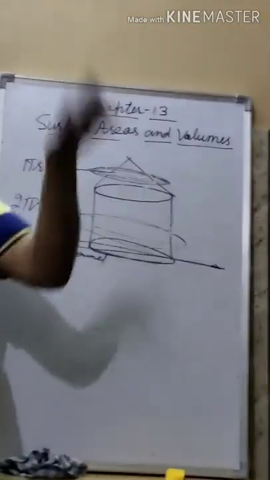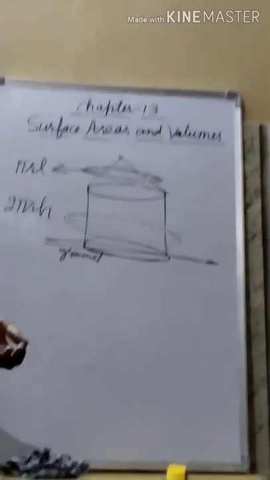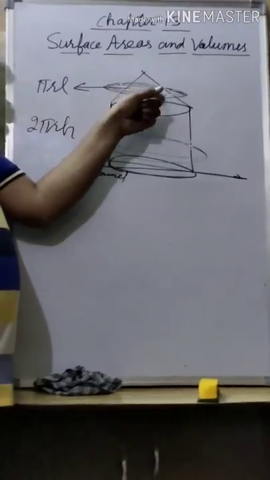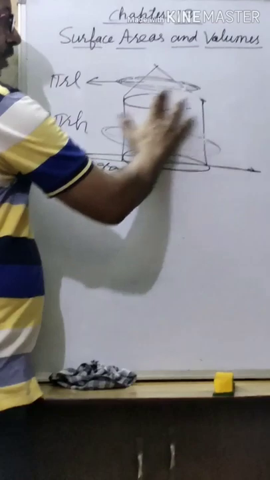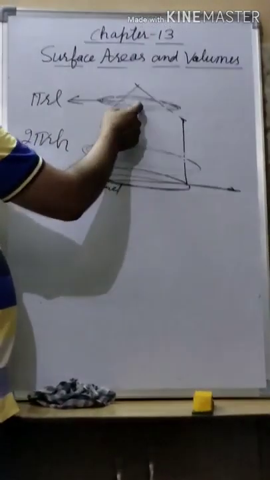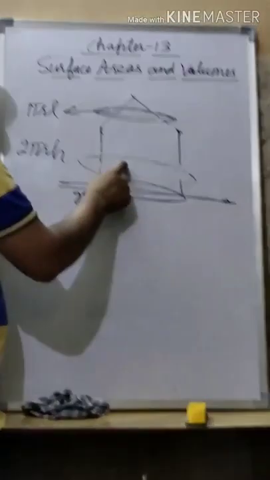If you say find the total surface area of the tent, he will see this is a joint figure. What is visible? The CSA of the cone is visible and the CSA of the cylindrical part is visible.